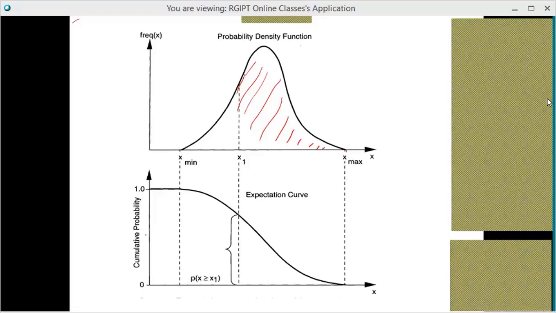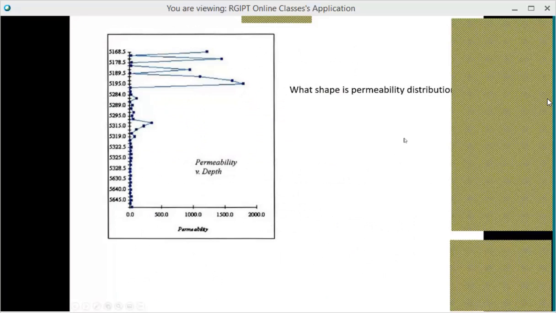So I hope that terminology is clear. P90 is the low estimate, and P10 is the high estimate. P50 is your mean estimate.